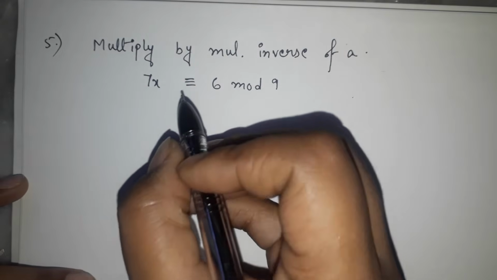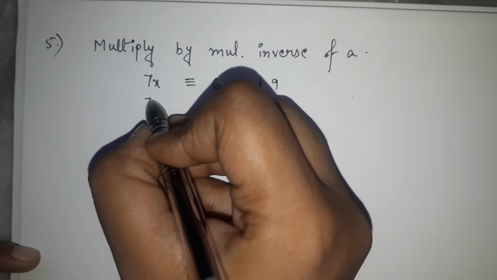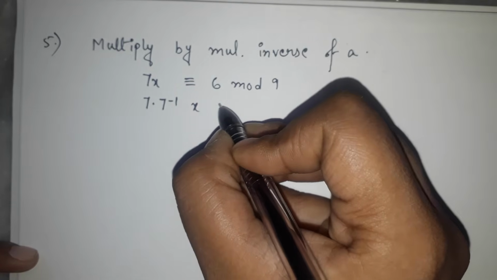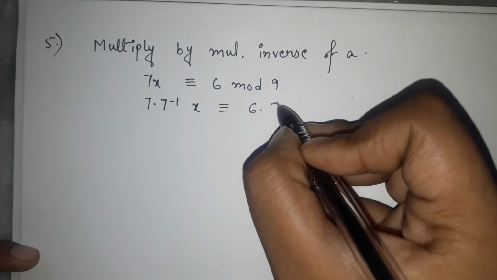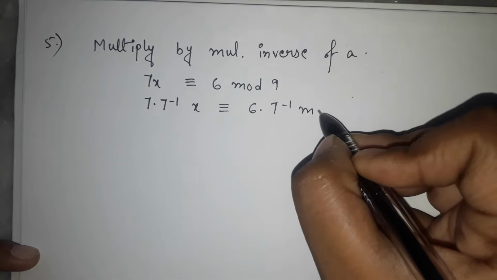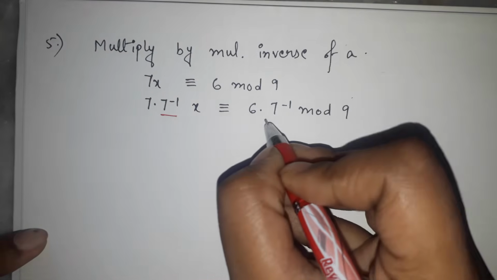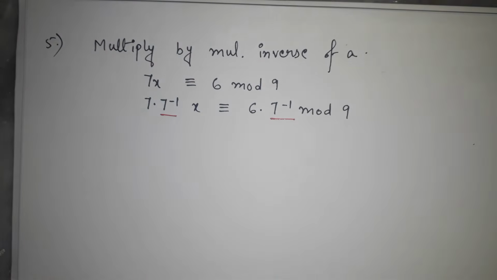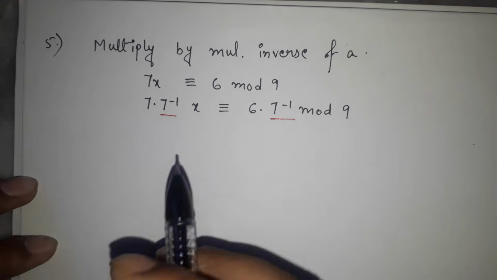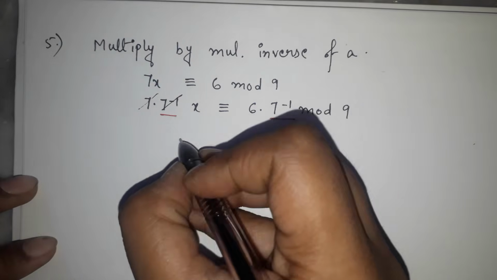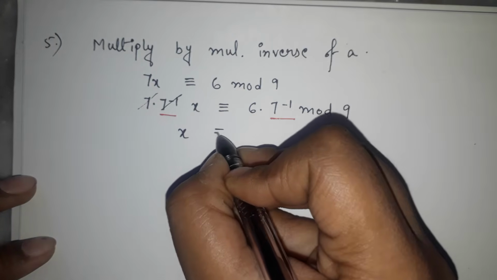Because our a is 7, I will do 7 into 7 inverse of x is congruent to 6 into 7 inverse of mod 9. I have not done anything that big. I have just multiplied a inverse, that is 7 inverse, both the sides, right? Then, as you know, 7 inverse will get cancelled out. We will get only x this side is congruent to.